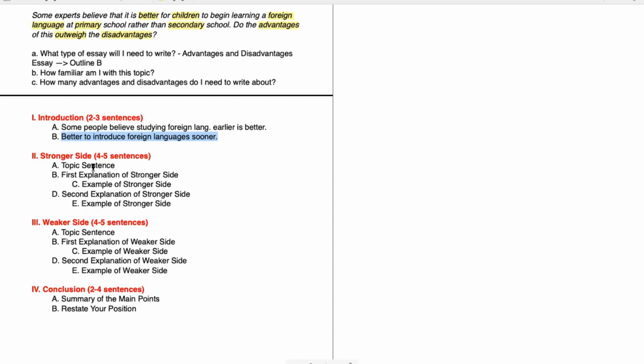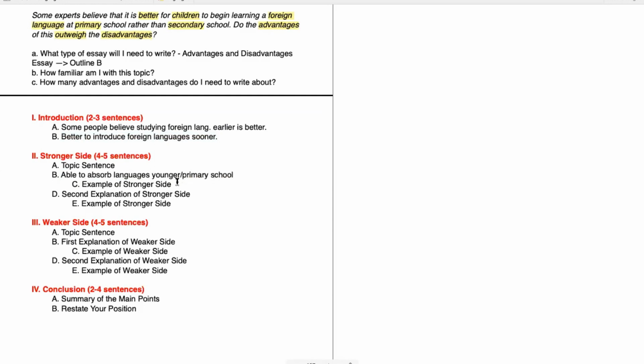Now for the stronger side, I'm going to focus on the advantages. And my topic sentence is going to be something general that will introduce the paragraph. And my first explanation, so my first advantage, I'm going to talk about how children are able to absorb languages better when they are younger. And this is why we'll talk about primary school, okay?